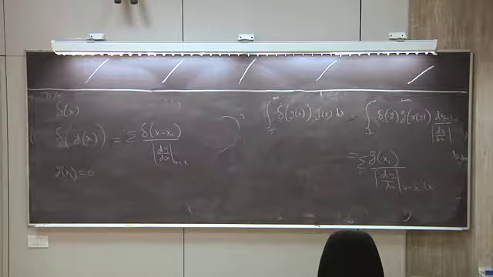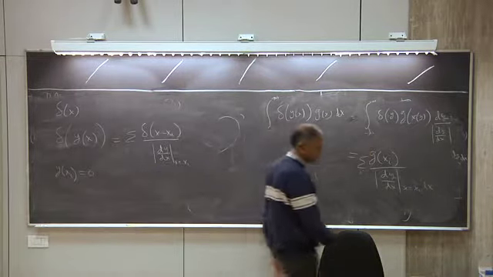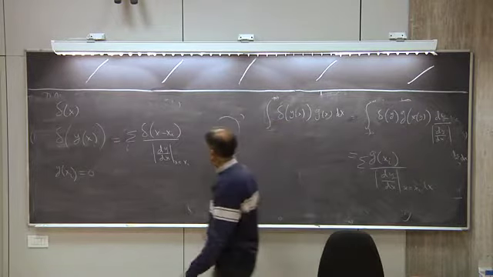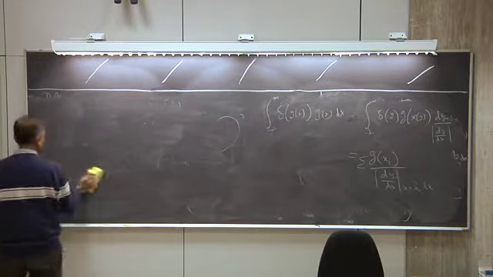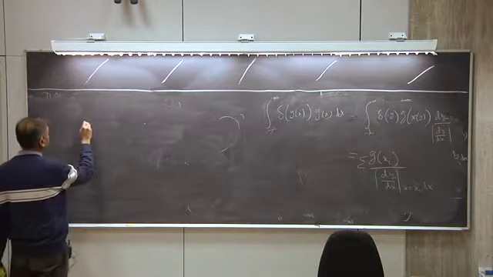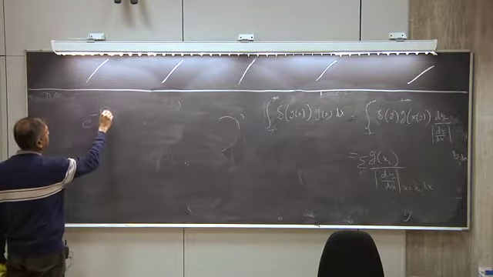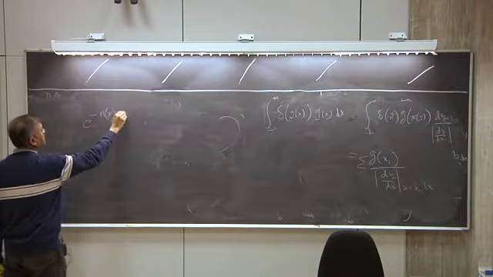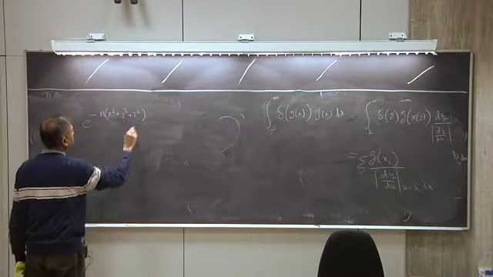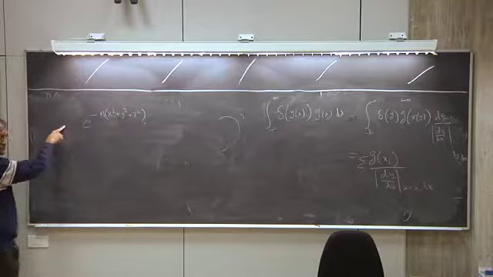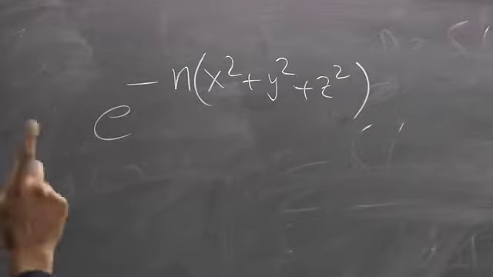For the approximation of the delta function, you just multiply the three. For example, you can take e to the power of minus n times x square plus y square plus z square, with a suitable power of n, which we can determine.